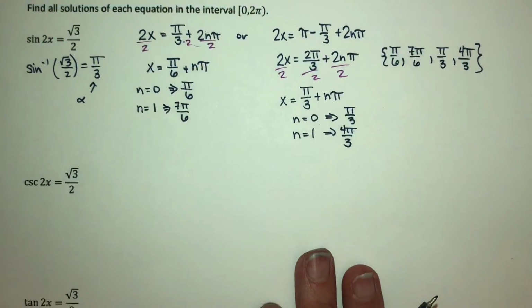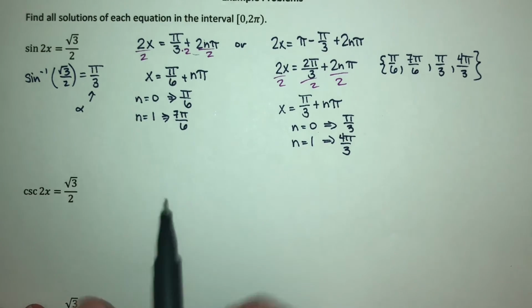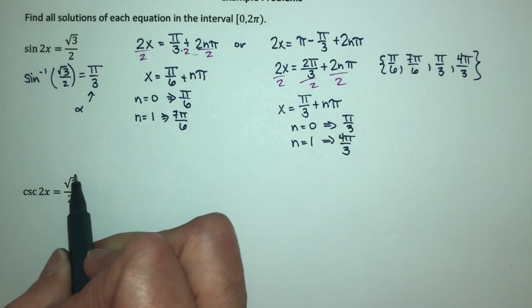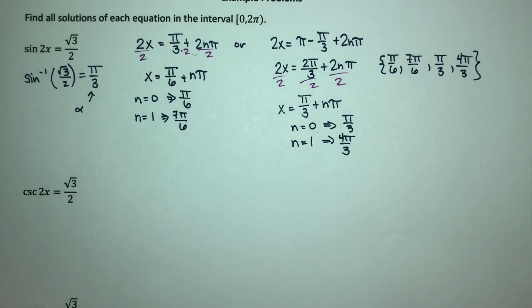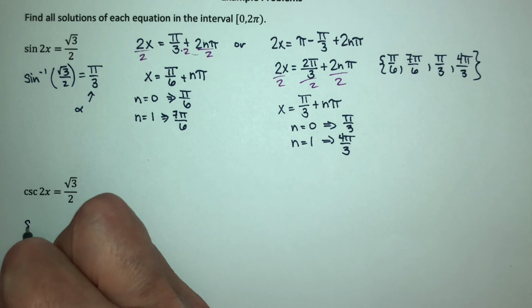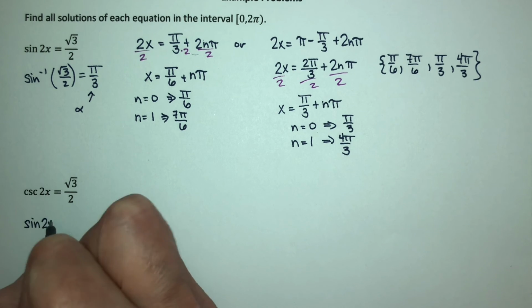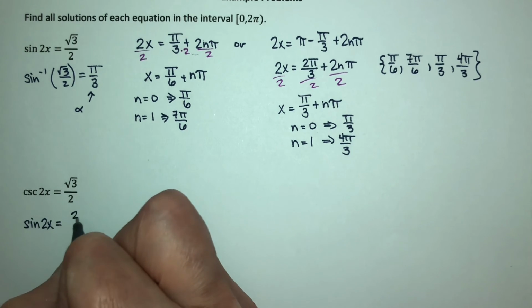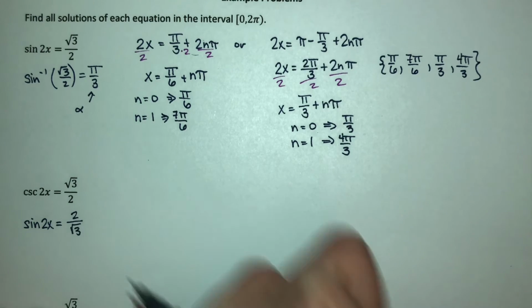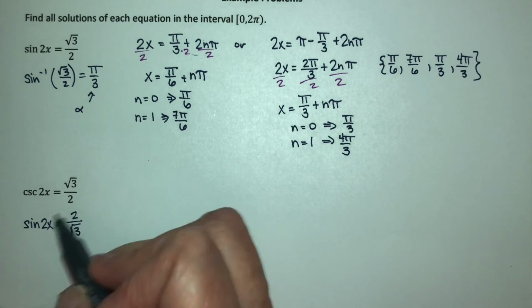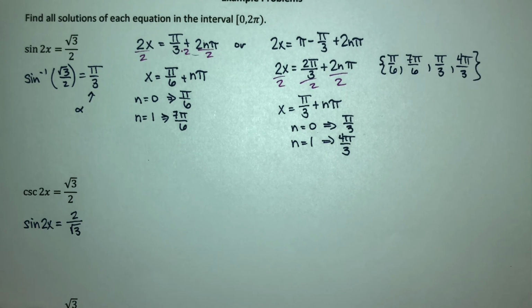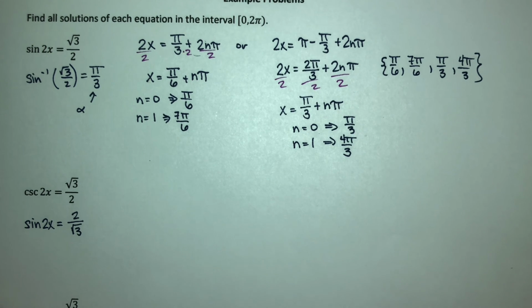Now let's solve cosecant of 2x is equal to the square root of 3 over 2. Now using our reciprocal identities, this is the same thing as sine of 2x being equal to 2 over the square root of 3, just the reciprocal of it. Now I haven't rationalized that. We can if we want to go on.